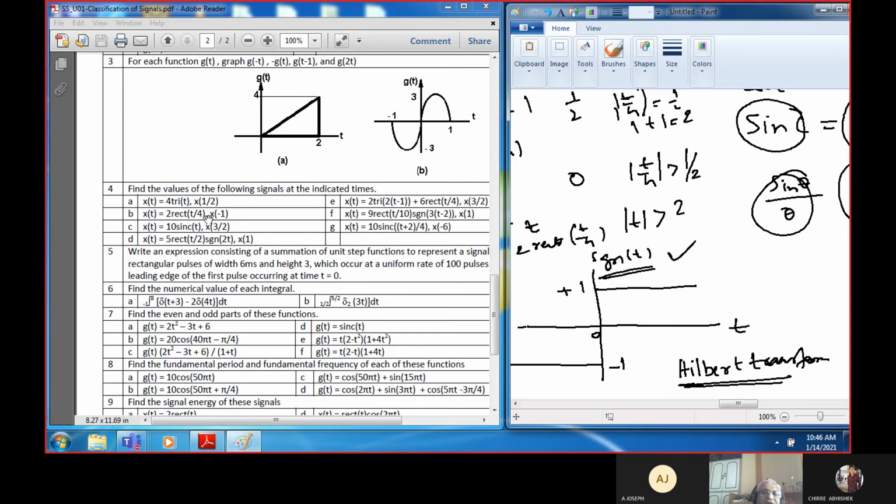But you can see sometimes it is divided by 4, divided by 2, multiplied with 2. So you have to modify the function in such a way that you know the clear picture of the new function, and then substitute the value for t here and then solve the problem. Okay, so that is how you have to understand the way the problems are solved.